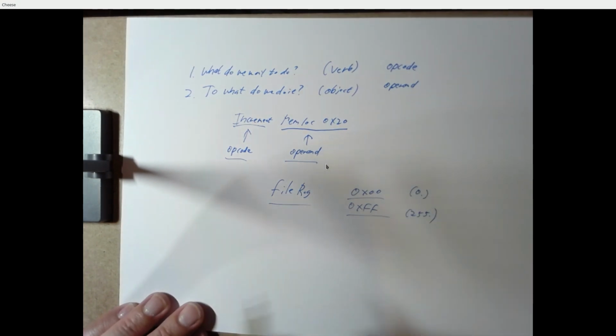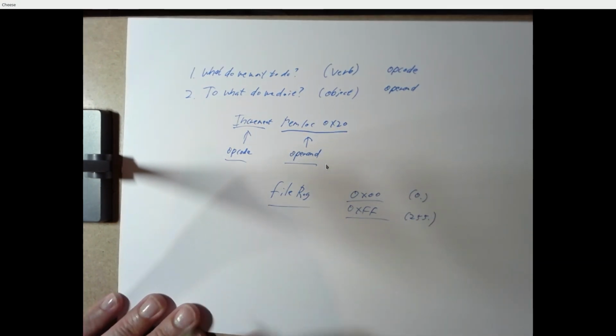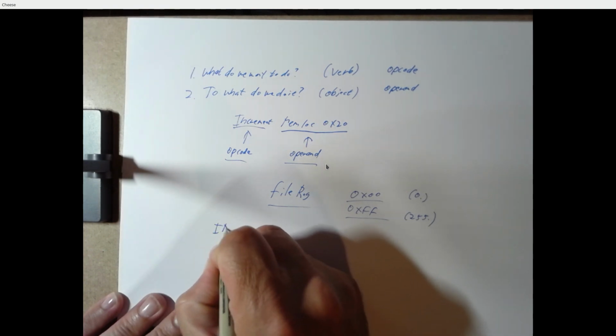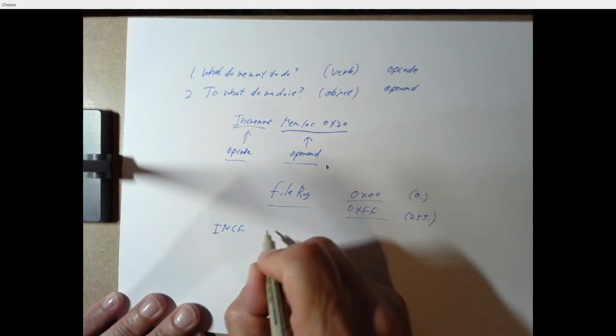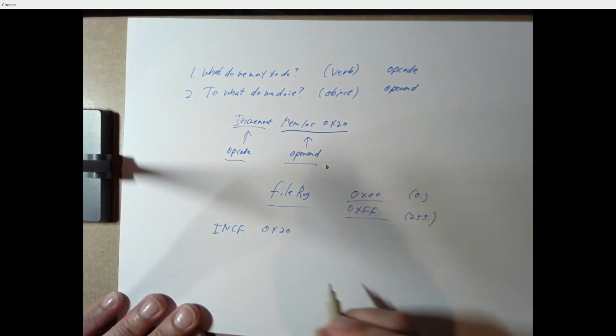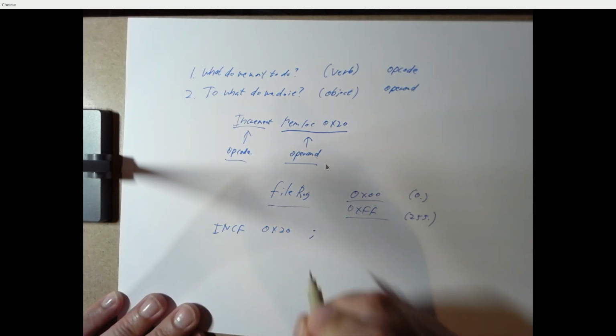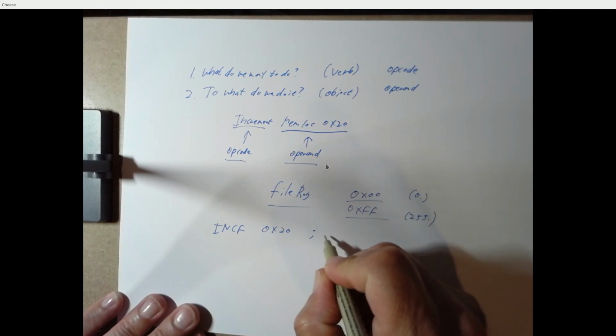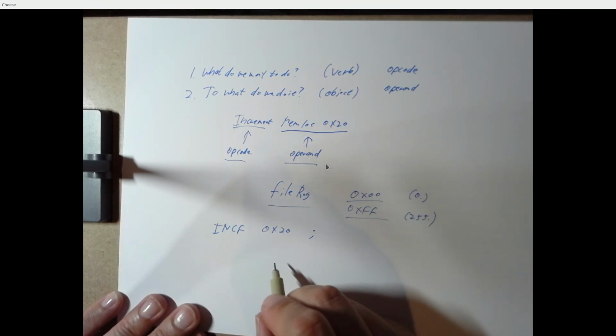Alright, so we have file registers, 256 of those. So suppose we want to increment memory location 20. Here's how we would write that in assembly language. Increment file register x20. And if we make a semicolon in our assembly language code, everything after that semicolon is a comment. So we can put a comment here which says what we're doing in this instruction.